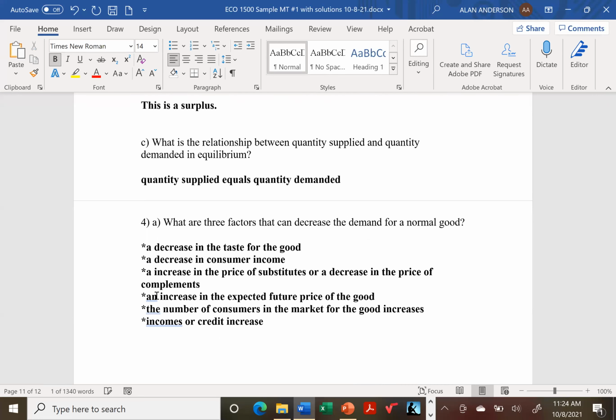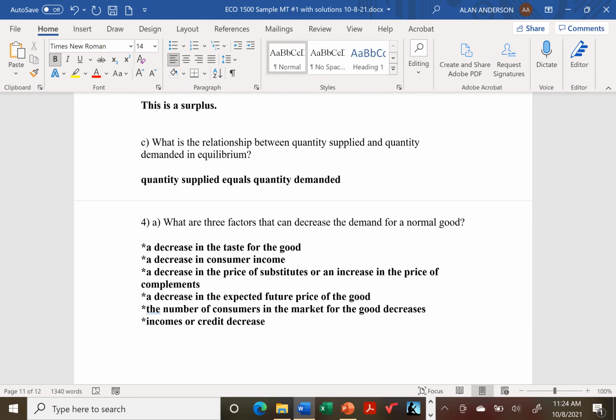So here it would be a decrease in the price of a substitute, or an increase in the price of complements, a decrease. Yeah, they're all backwards. All right, good thing I noticed it. The number of consumers decreases, and incomes or credit decrease. All right, now it works.